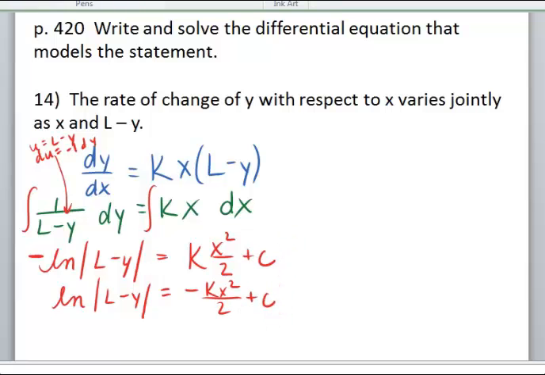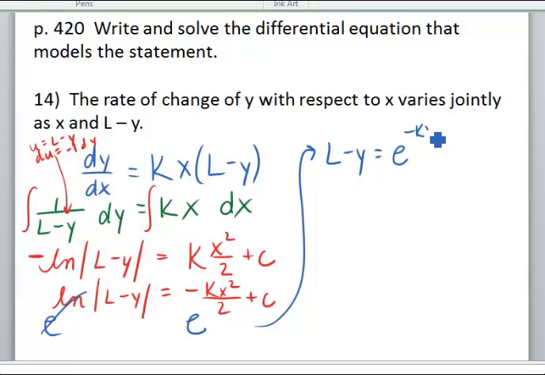What I now can do is e both sides, as I've done before. Those cancel. So I get L minus y equals e to the negative k x squared over 2 plus c. That really gives me, again, that e to the negative kx squared over 2 times e to the c.